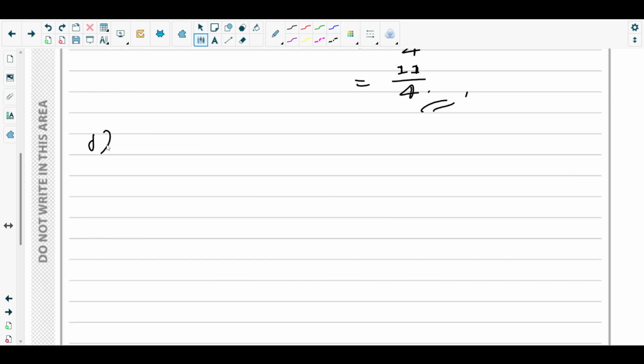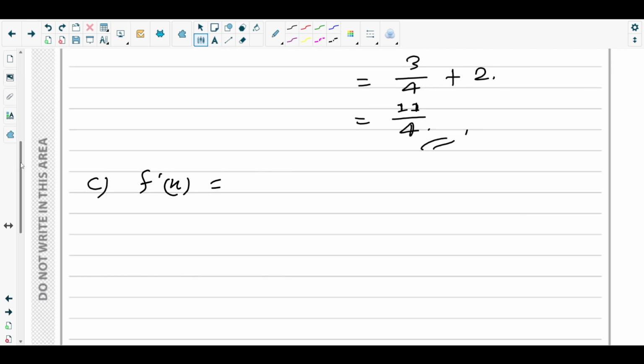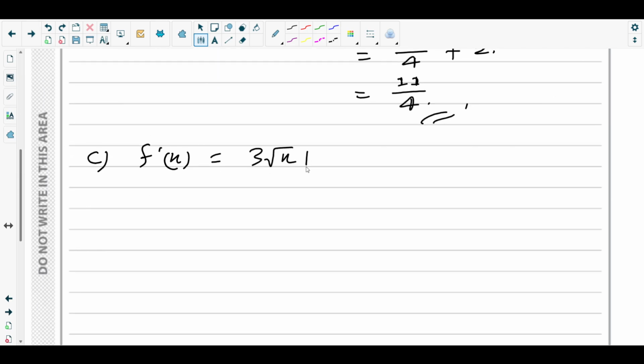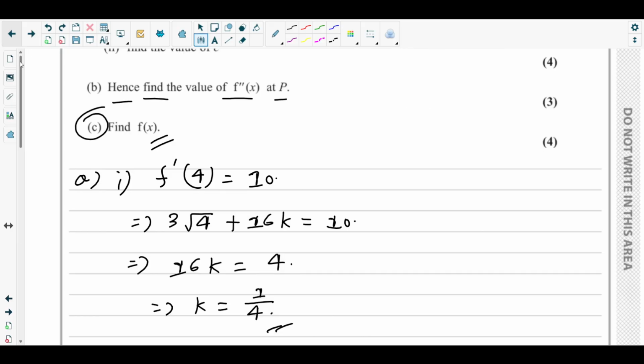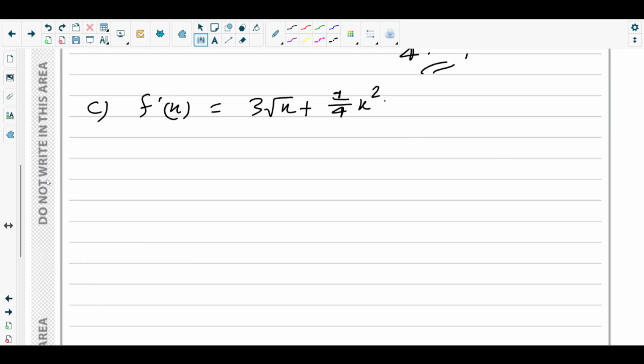Okay, it's C. So f dash x, what was that? It was 3 square root of x plus 1 over 4 x squared, isn't it? Yes, x squared. So this is the first derivative of f of x.